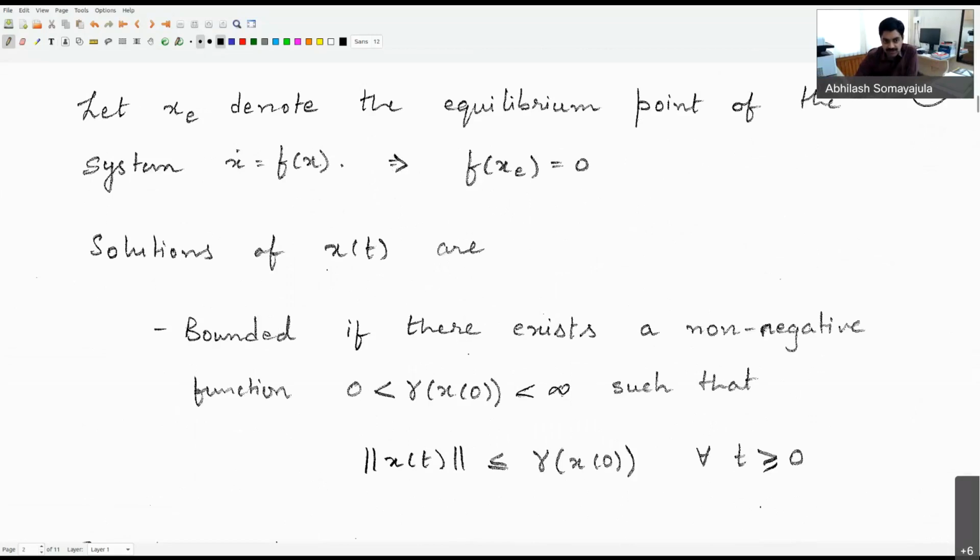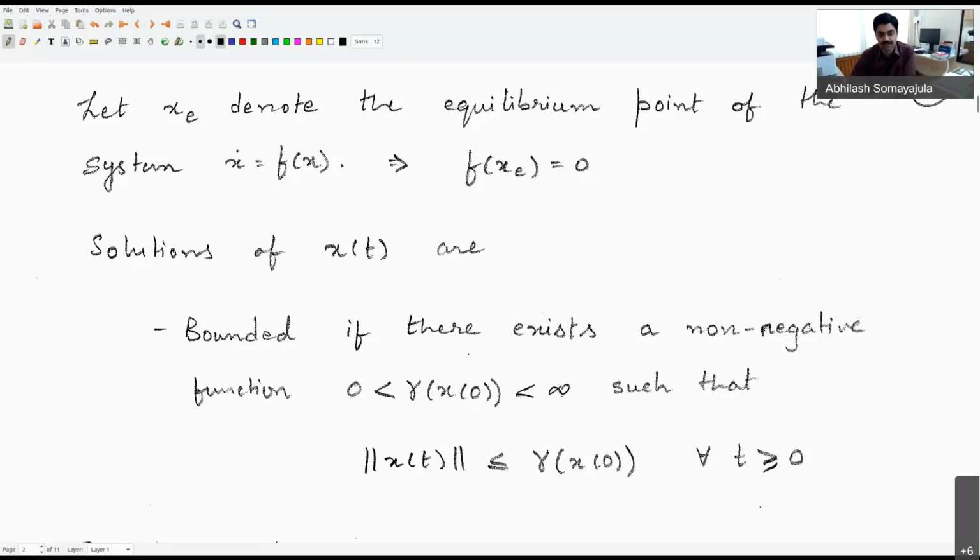Okay. Then we discussed the idea of boundedness. So the solutions x of t are bounded if there exists a non-negative function such that the norm of x is always less than or equal to some gamma of x0. So when I pass the initial condition value through that function, it defines a region in space, not necessarily a radius. And I'm assuming that my future solutions are always going to be inside that bounded region.